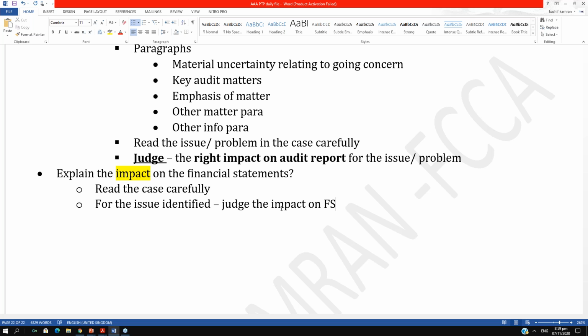What is the impact on the financial statements? The impact is that they are understated, or overstated, or that the financial statements are materially misstated. Just like a risk question.